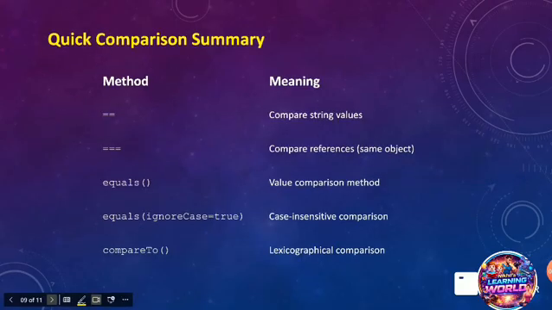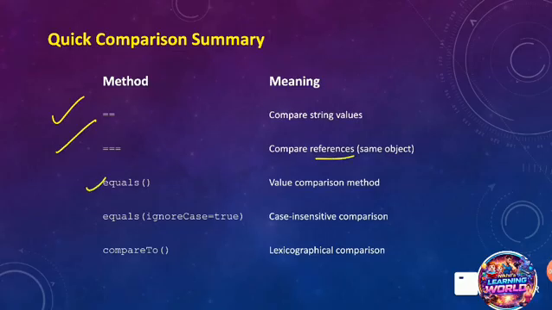That was the overall tutorial for today's session. Here is a quick summary: double equals compares the string values, and triple equals compares the reference of the same object. Equals is a predefined function in Kotlin, and it directly compares the values. Equals with ignoreCase true means you can ignore the case sensitivity.